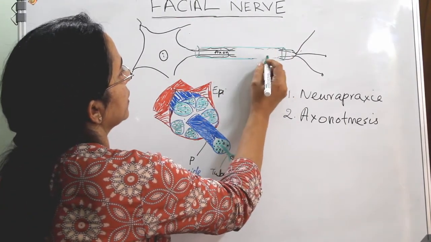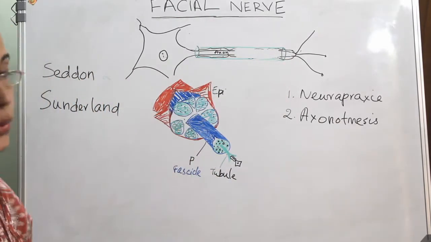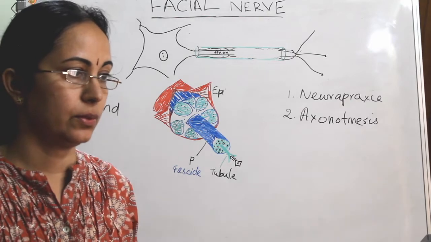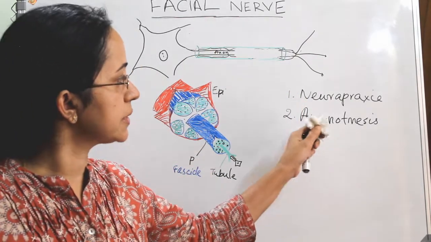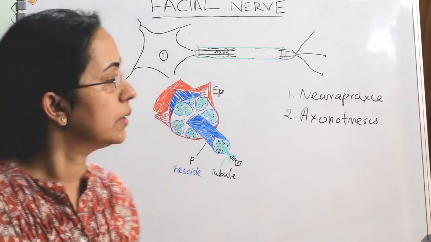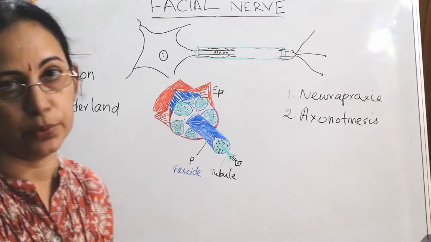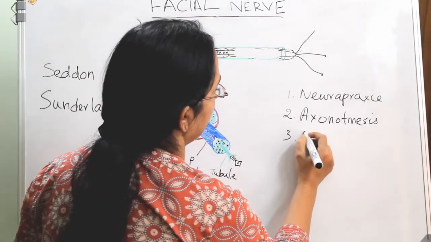There is injury to the axon, but endoneurium is preserved. The axon is divided. In axonotmesis, the axon is divided. Endoneurium is preserved. There is no injury to the endoneurium. And the third type is neurotmesis.